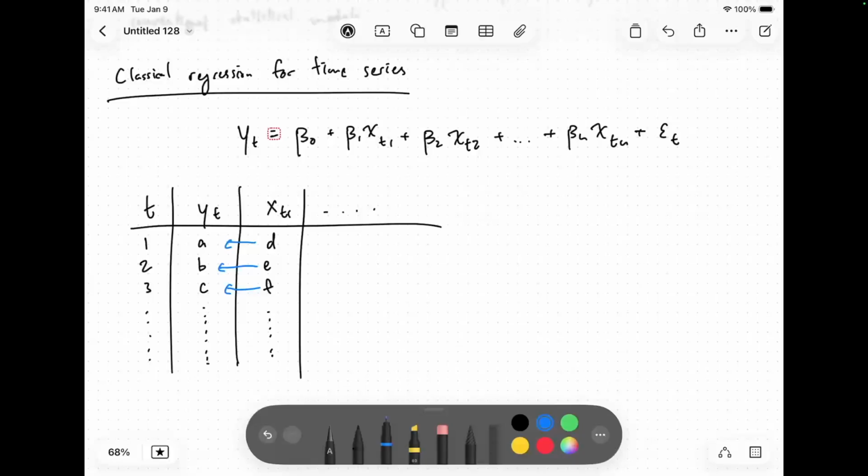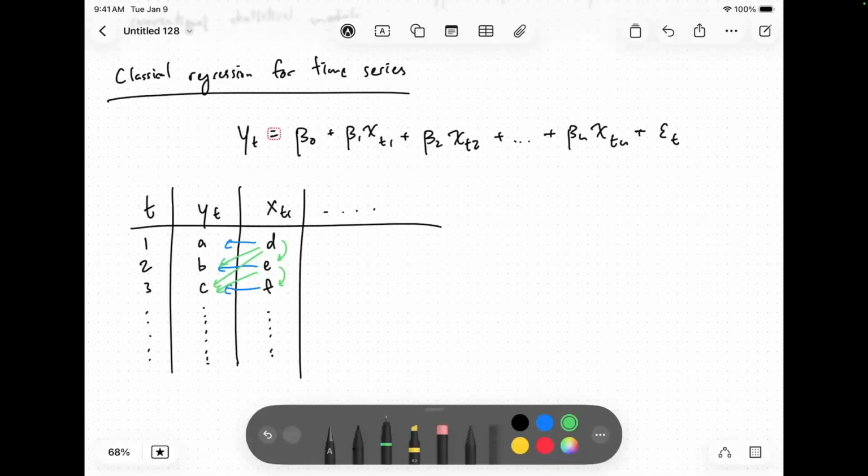And so suppose there's some kind of information that tells me in a particular time period, maybe that is connected to variables in the previous time period. Maybe the variables themselves might be connected.